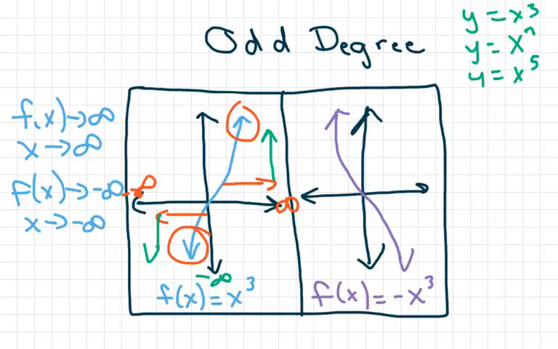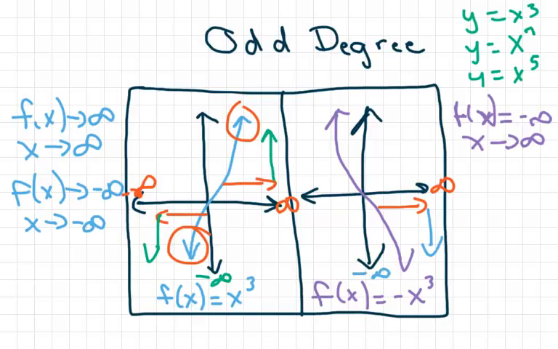Now when the coefficient is negative, it's kind of the opposite. When x approaches infinity, y is going to negative infinity. All that means is when x goes to the right here, then y is going down to negative infinity here.